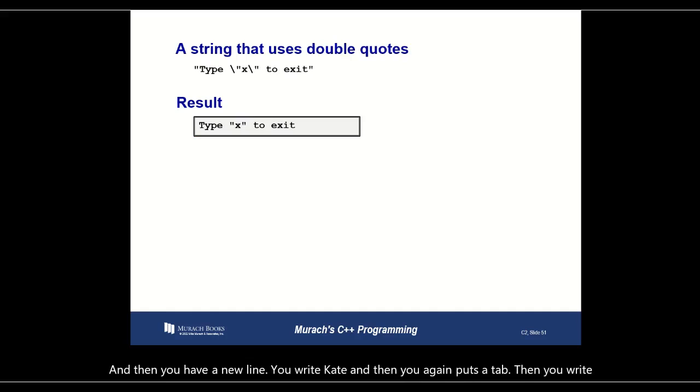Strings can use double quotes as well, but for using double quotes, you have to escape them. You cannot just write a double quote X double quote, because if you write a double quote X, it is confusing, as if the double quote ends here, and then you will get a syntax error.